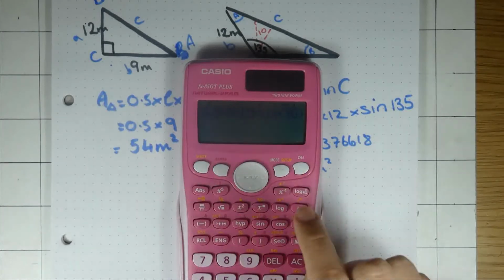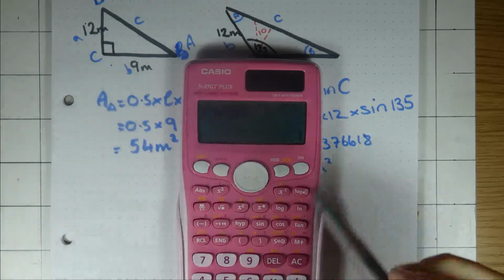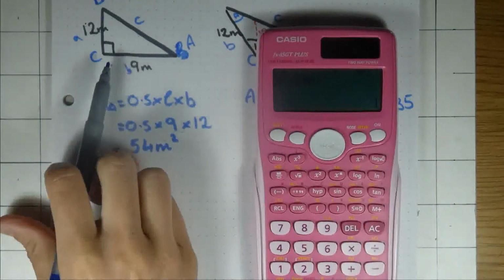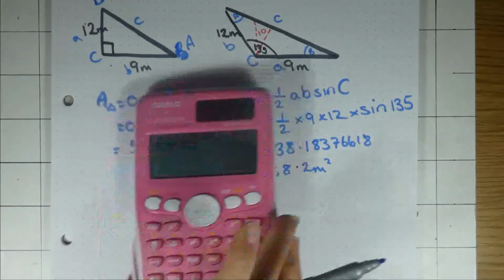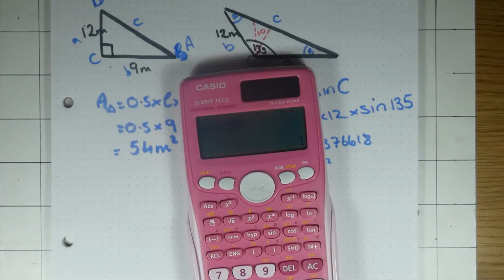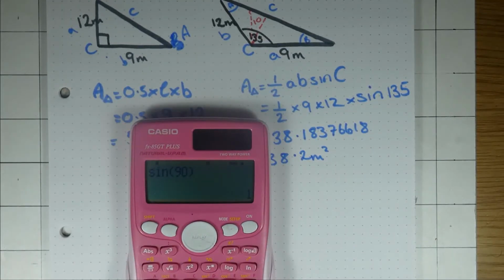Because sine of 90 equals 1. So when you have a right angle triangle, we don't use this sine C, because if we did, we'd just be multiplying it by 1. And in maths, we love efficiency.